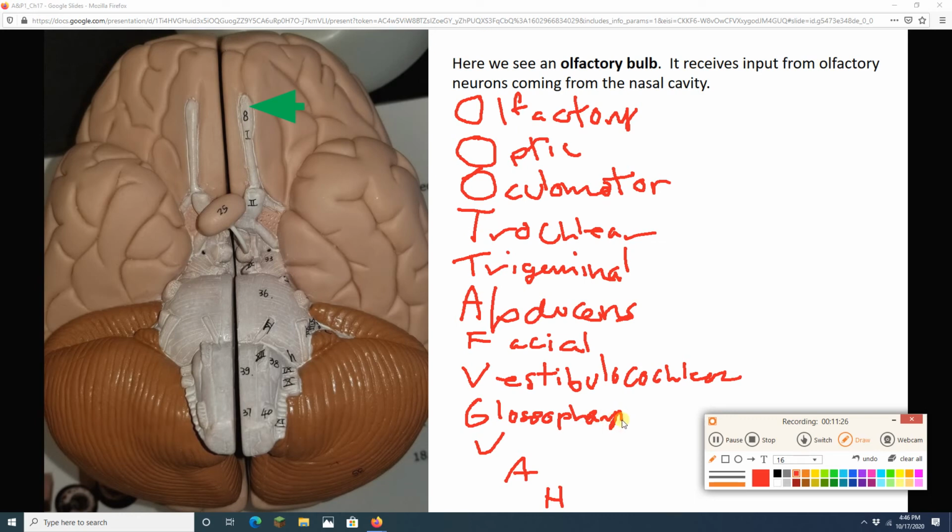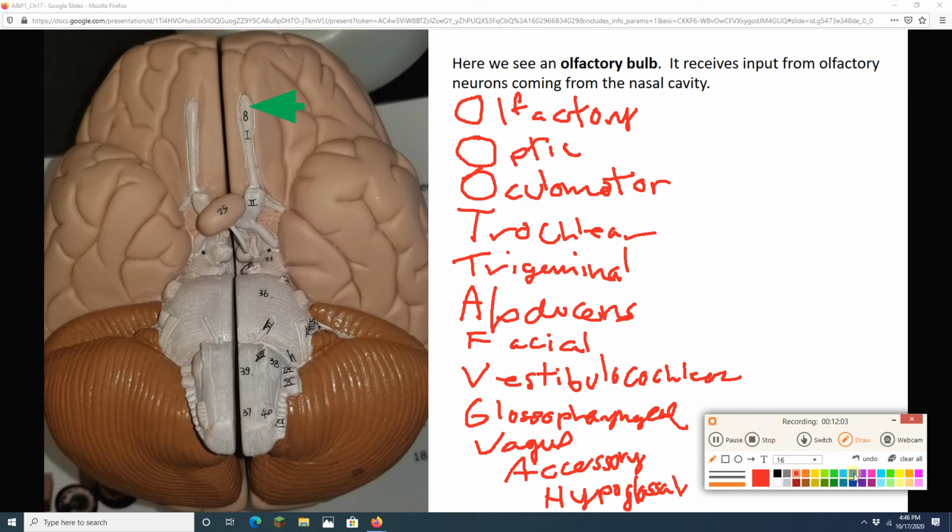It's going to get information about taste, about blood pressure, about chemical levels in your blood. It also controls muscle in your throat. Then we get your vagus nerve, which does a lot of sensory and motor jobs in your abdomen and your thorax. Then we got the accessory nerve, which is going to control muscles which allow you to shrug your shoulders and shake your head. And then we got the hypoglossal nerve, which is going to move your tongue.